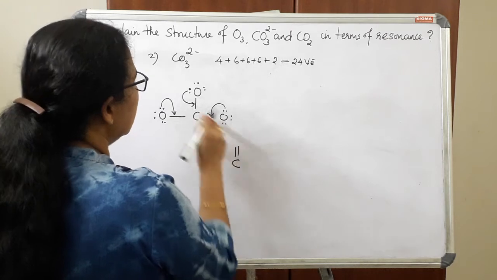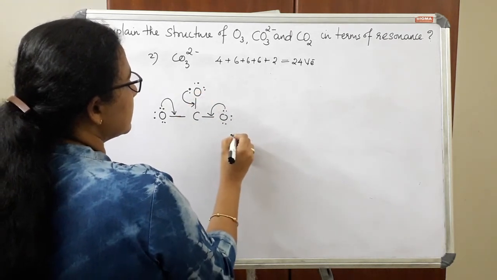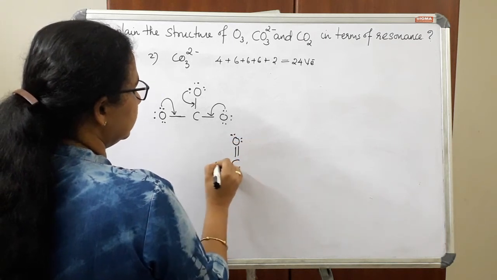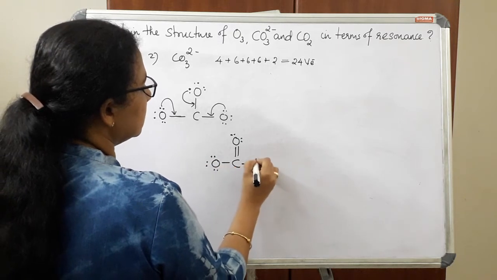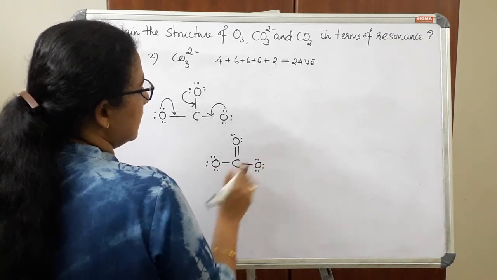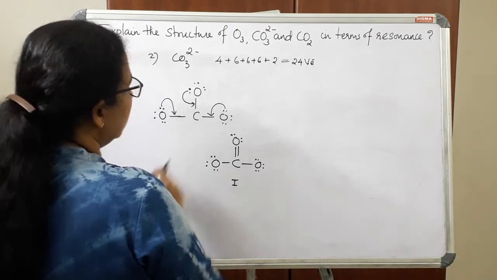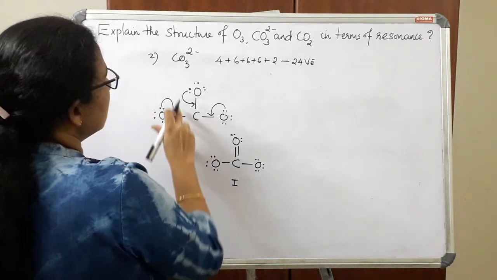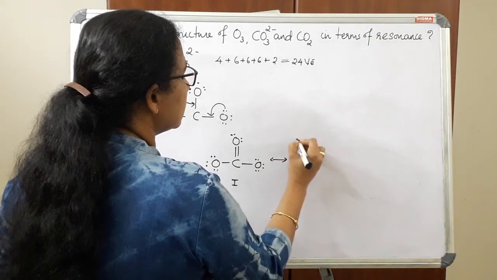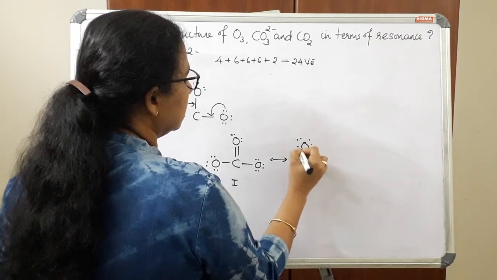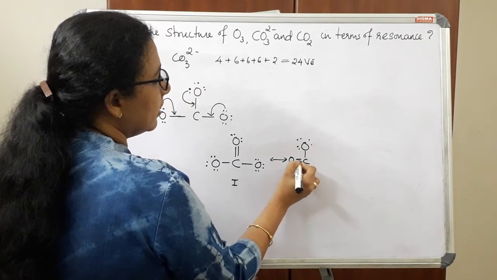If we are shifting electrons from here, there is a double bond here, and all other electrons are the same. So this is one Lewis structure. If I shift these electrons towards here, we can draw another structure, and at that time I will get a double bond here.